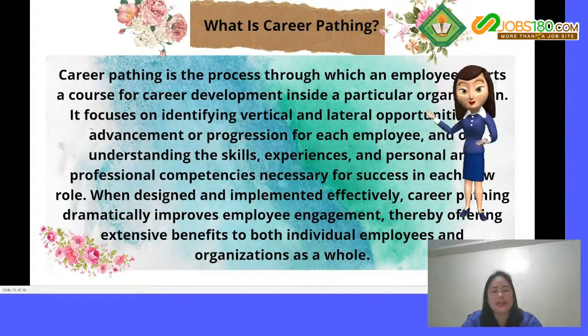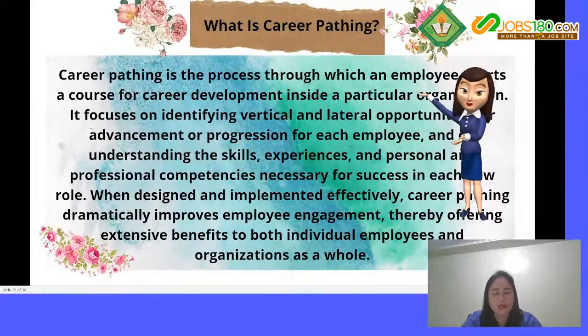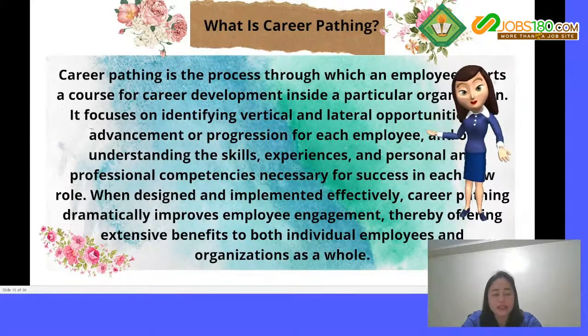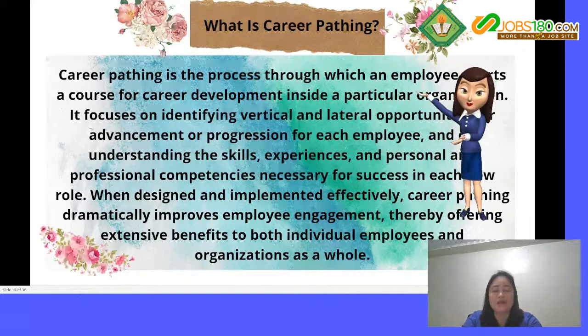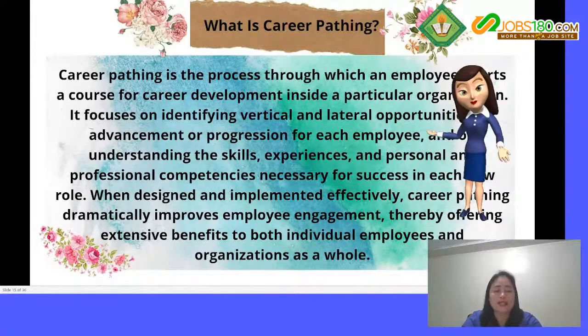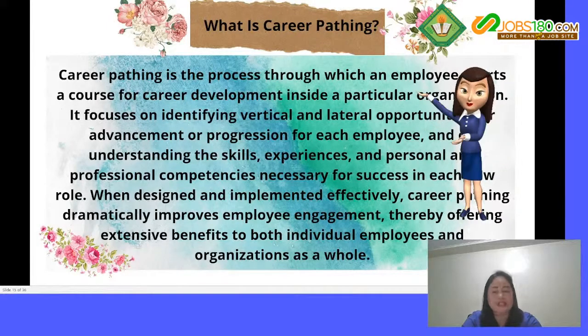When designed and implemented effectively, okay, career pathing dramatically improves employee engagement, thereby offering extensive benefits to both individual employees and organizations as a whole.